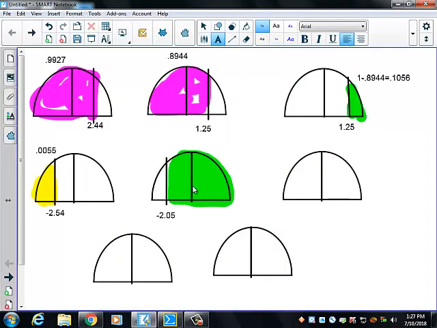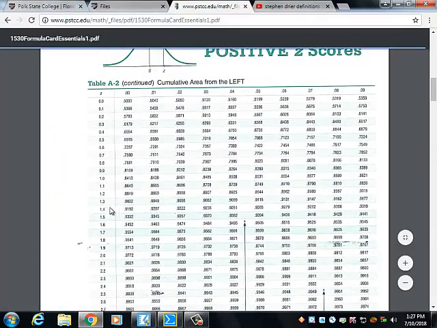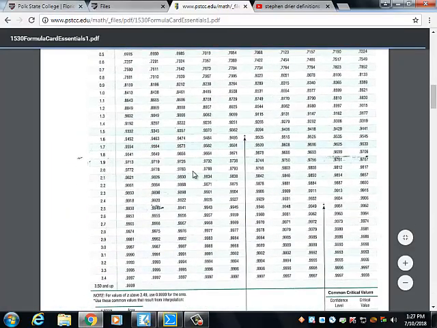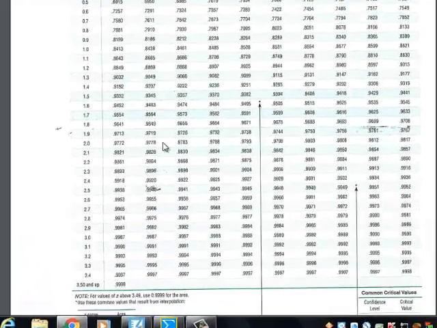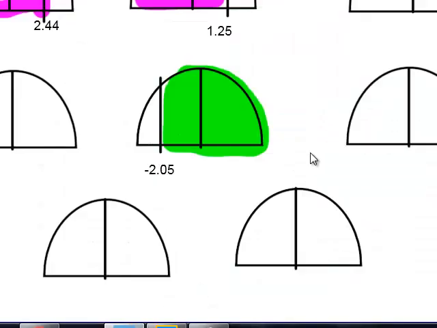Big area means more than half the graph. So don't go to the negative chart. At this point, we would go to the positive chart, and I would look up 2.05, and I would get 0.9798, and that would be the answer.